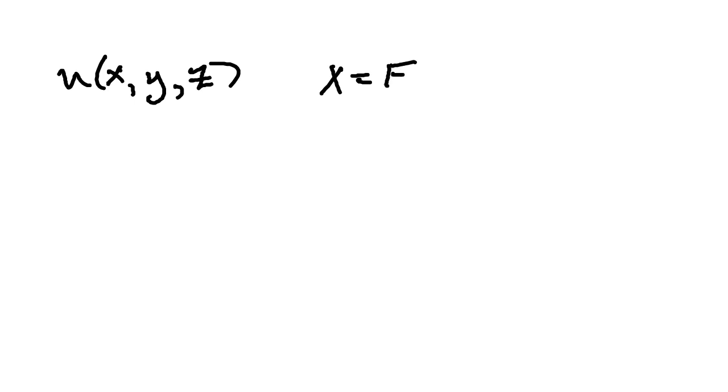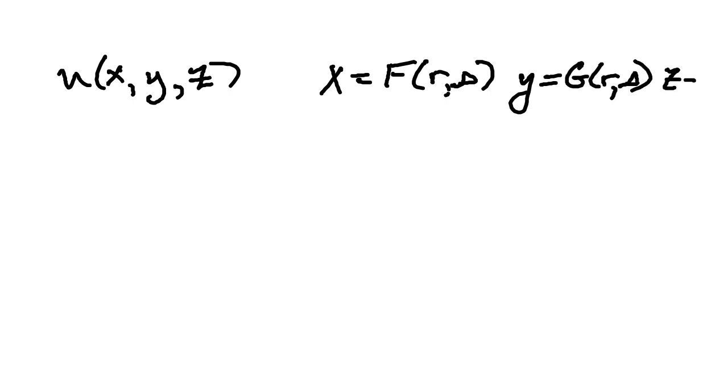What if I have a differentiable function u in terms of x, y, and z, and all the partials exist, and let's say that x is a function of r and s, just like before, and y is a function of r and s, and z is also a function of r and s. So maybe h of r, s. Long story short, they're functions of r and s.